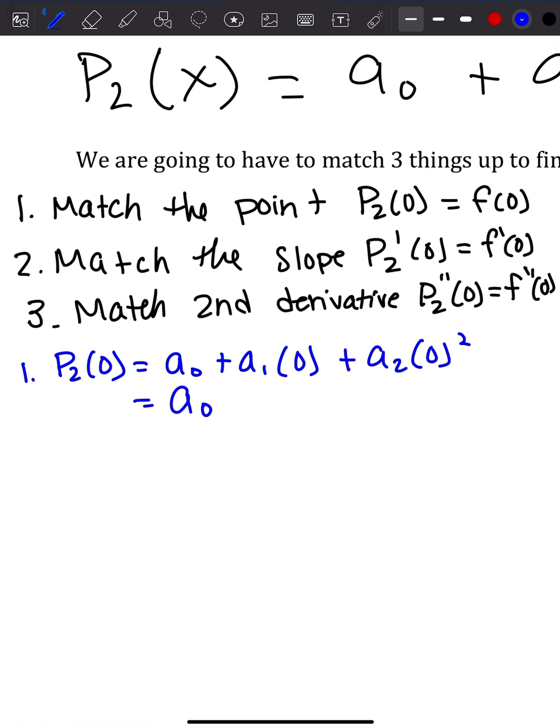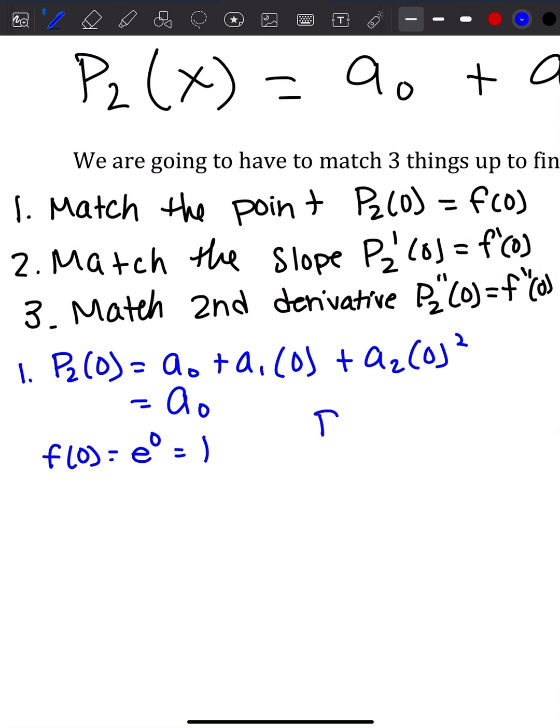Now what we need is f of 0. So e to the 0 power equals 1. What I know is that p sub 2 of 0 has to equal f of 0. P sub 2 of 0 equals a sub 0, and f of 0 equals 1. So I know a sub 0 has to equal 1.